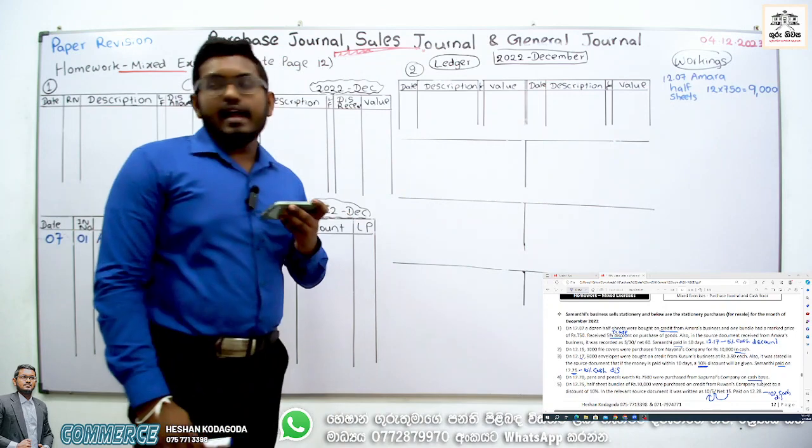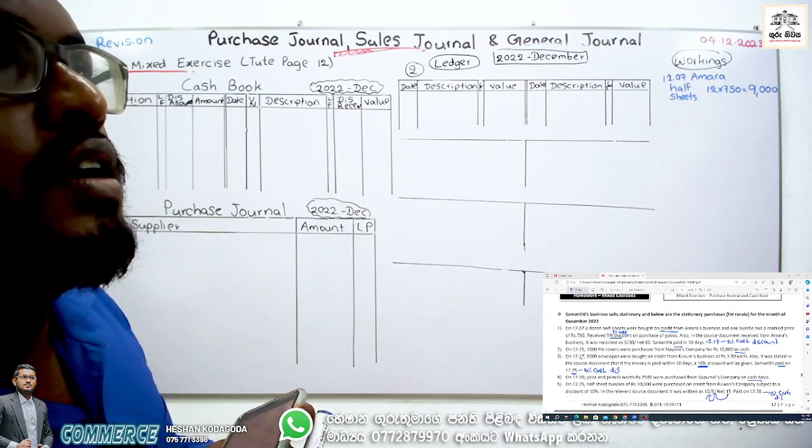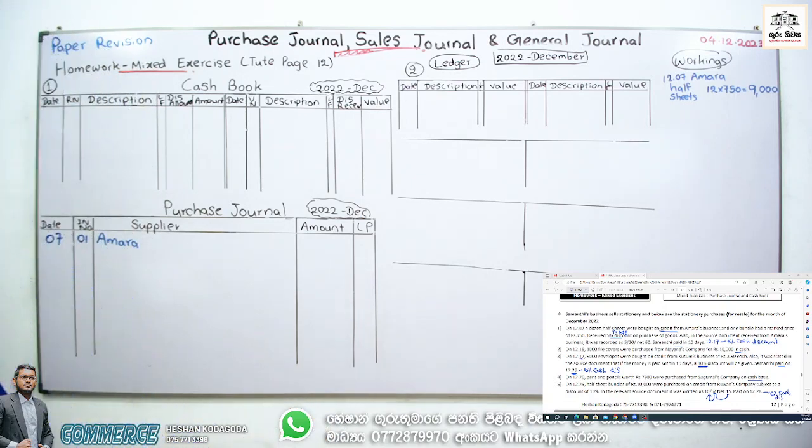And not only that, eligible for what? Now there is a trade discount as well. Can you remember? There is a trade discount as well. How much is the trade discount? 5% trade discount.